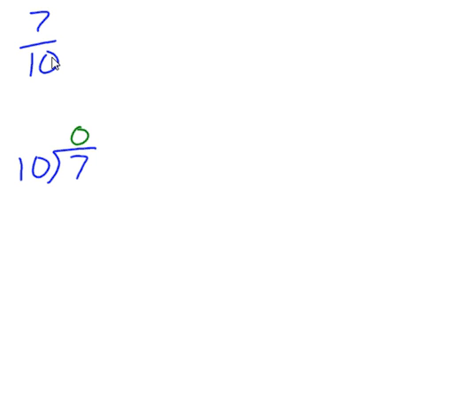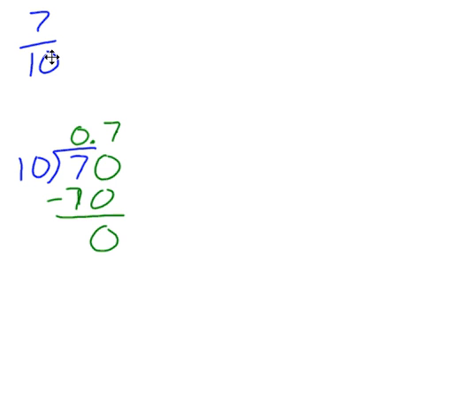We need to move forward, moving to the right on our numbers. So we can actually put a decimal now because we're dealing with fractions. And there's an inherent 0 after that 7. So now we ask ourselves, how many times does 10 go into 70? The answer to that, 10, 20, 30, 40, 50, 60, 70, that's 7 times. 7 times 10 is 70. We can subtract, and we're left with 0.